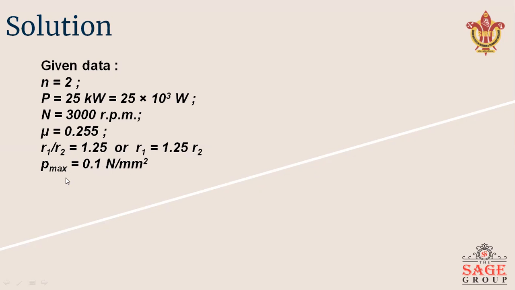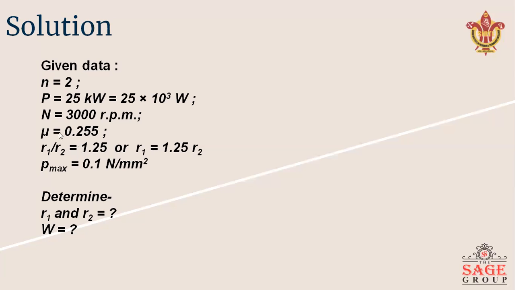P max equals 0.1 Newton per mm square, and we have to determine r1 and r2 and the axial load, that is, the axial thrust provided by the spring.